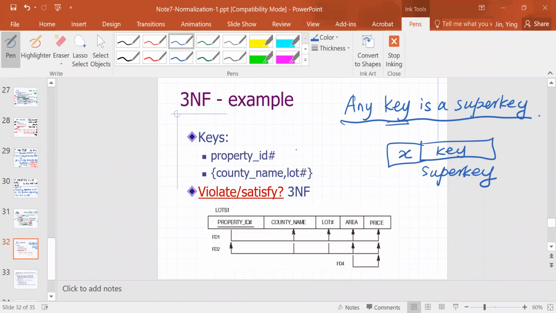So in the example, since I gave you the keys already, you know this one I gave you is a super key. You also know this is a super key. That makes things easier.